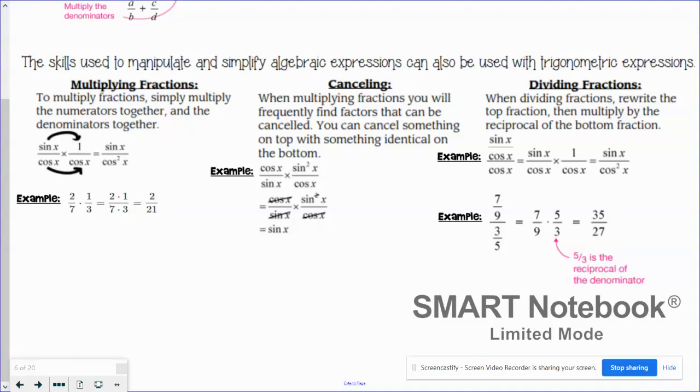You can cancel out things that appear in both the numerator and the denominator. And when dividing fractions, rewrite the top fraction and then multiply by the reciprocal of the bottom fraction. So they're showing you 7/9 divided by 3/5 is 7/9 times 5/3. They're multiplying by the reciprocal to get their answer because it's a lot easier to multiply fractions.